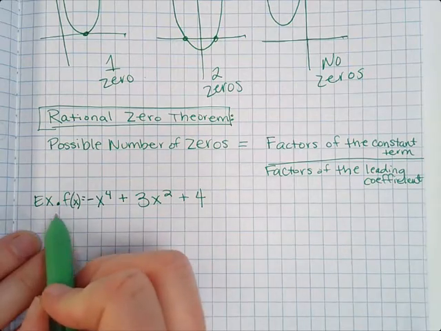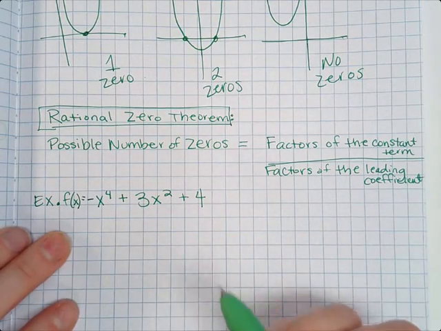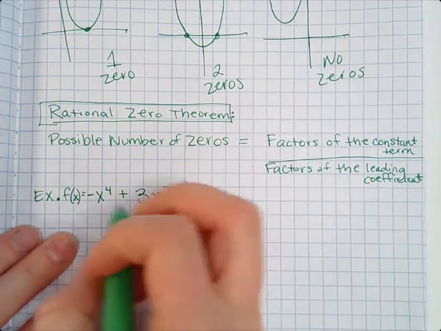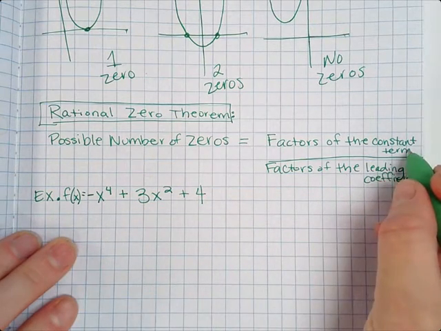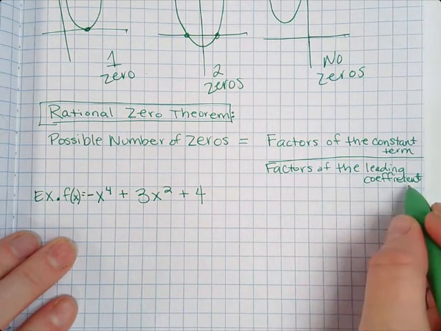So our possible zeros will be the factors of the constant term over factors of the leading coefficient.